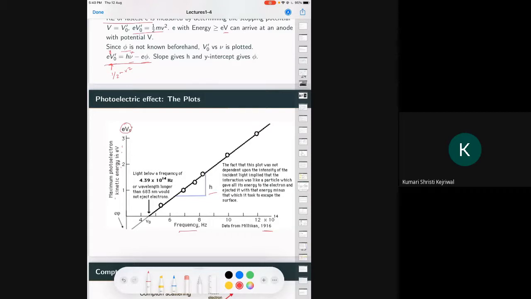The x-intercept, is it? Sorry, what did I do wrong? The slope is this. Oh, yeah, so the y-intercept, this got cut. The y-intercept here, that's E phi.